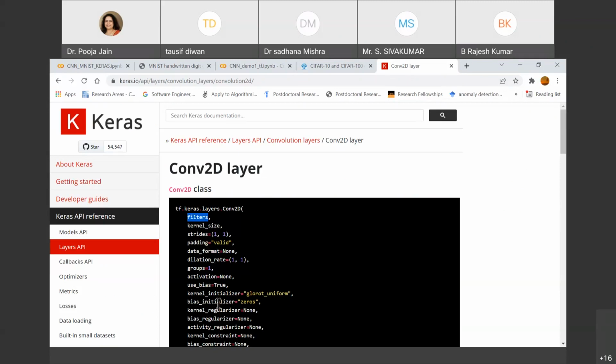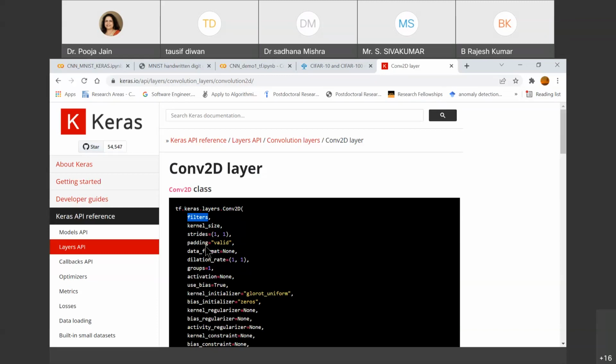So 32 filters are used in this convolutional layer. Filter size is 3 cross 3 and the activation function is ReLU. This will be considered the second layer, since the input layer is the very first layer. After that we are applying max pool 2D.